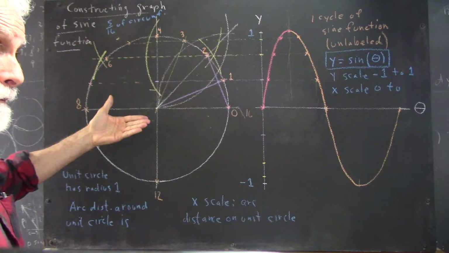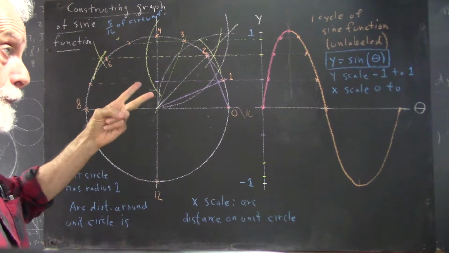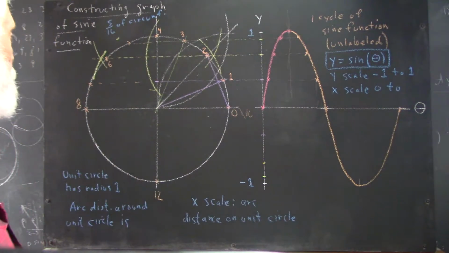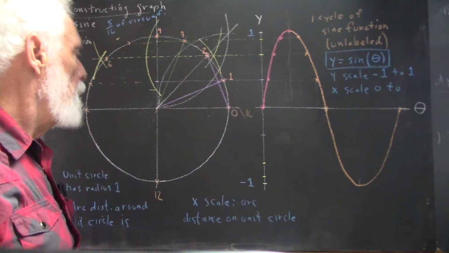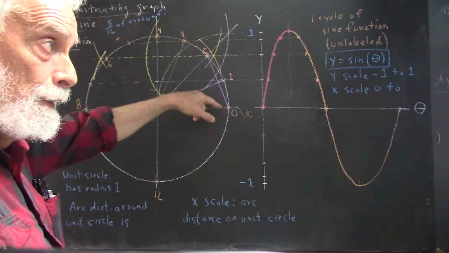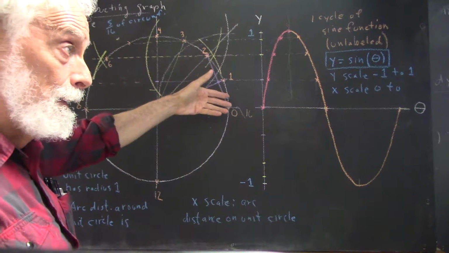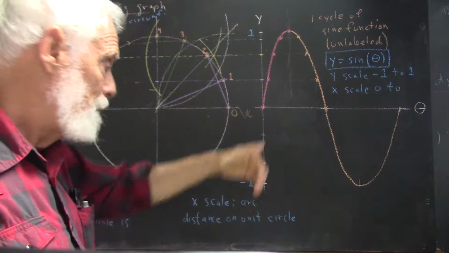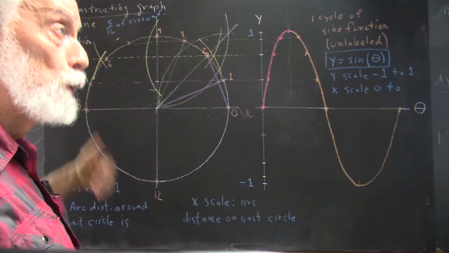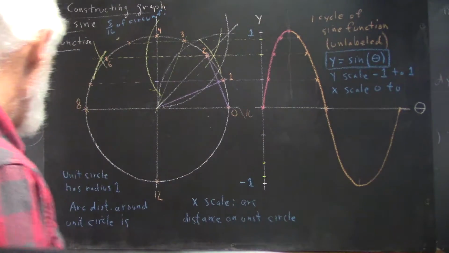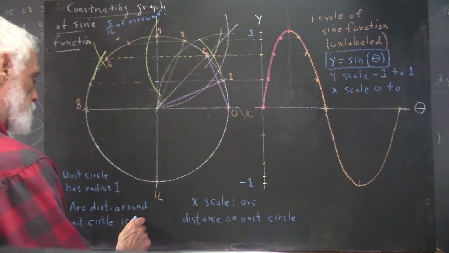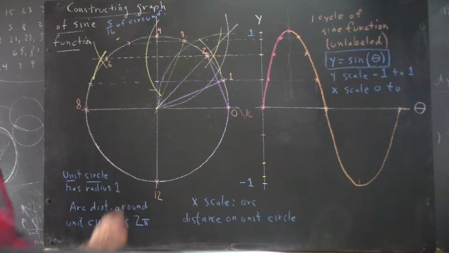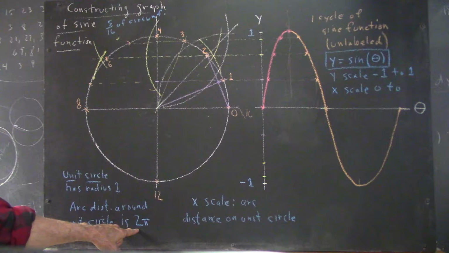What's its diameter? It's 2, because the diameter is twice the radius. If the circumference to diameter ratio is pi, it follows that the circumference is pi times the diameter, which is 2 pi times the radius. This is a unit circle, the radius is just 1, so the arc distance is 2 pi.